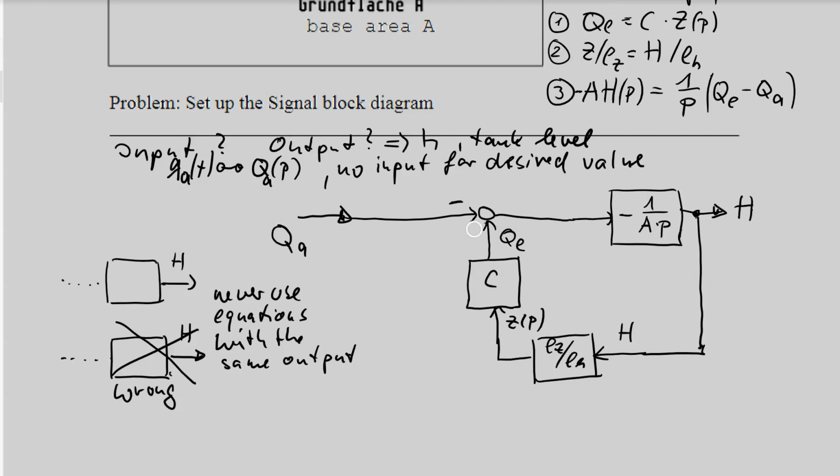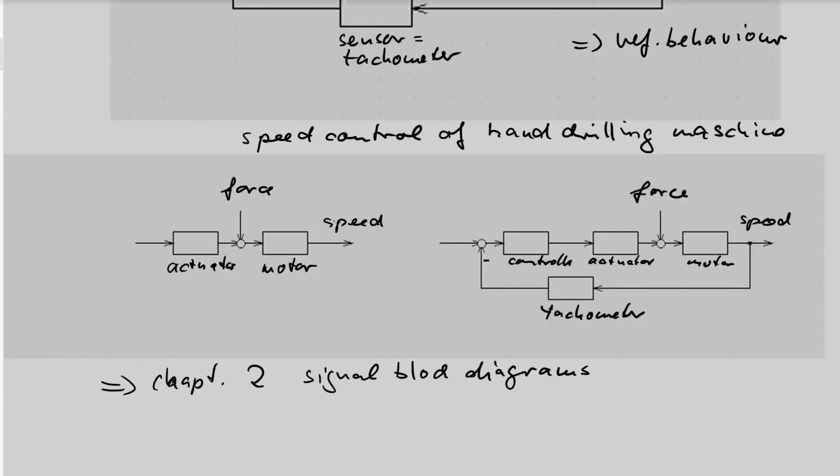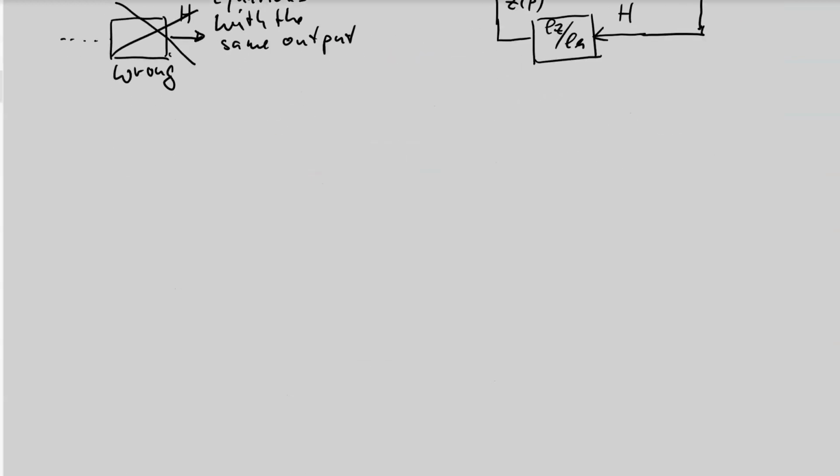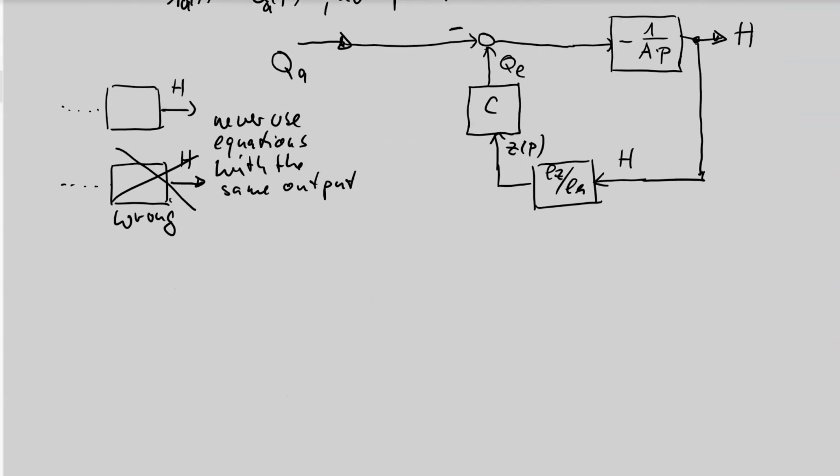Okay, if we compare this signal block diagram with our standard loop, then this looks different, especially because the disturbance here is drawn in that way and not in that way. So with a redrawing of this plan, I use the unchanged block here, negative 1 over AB with output H. Input is the summing point.